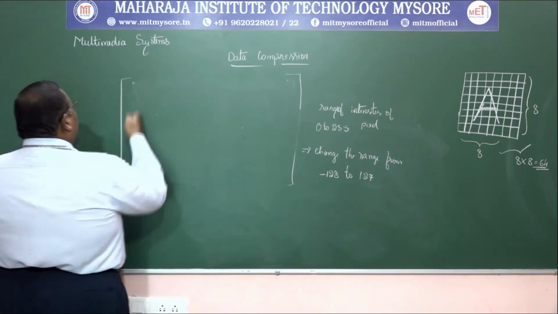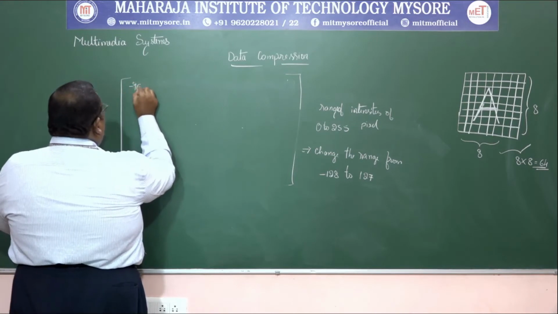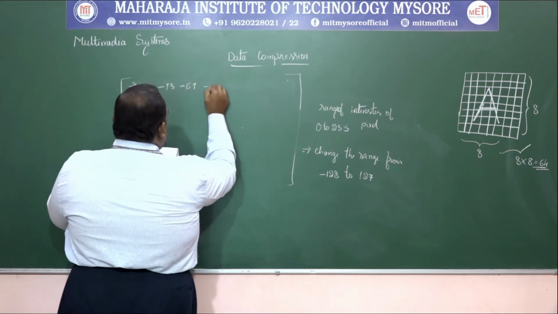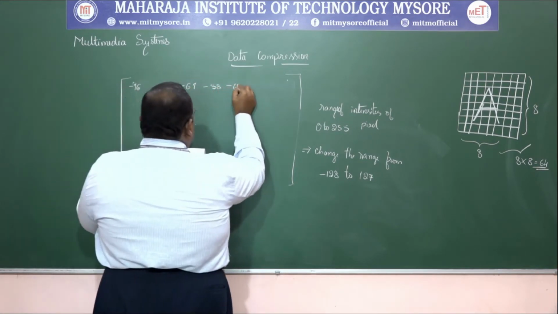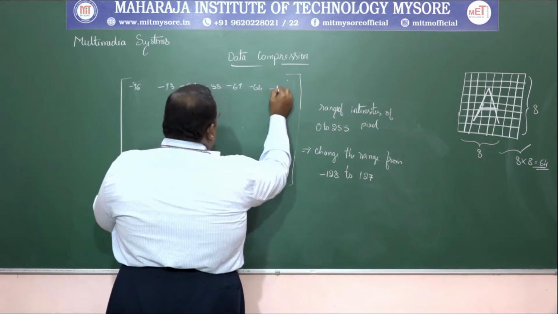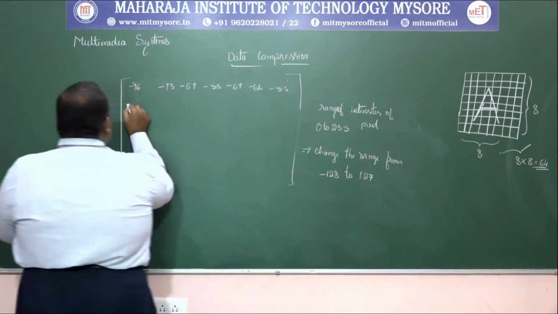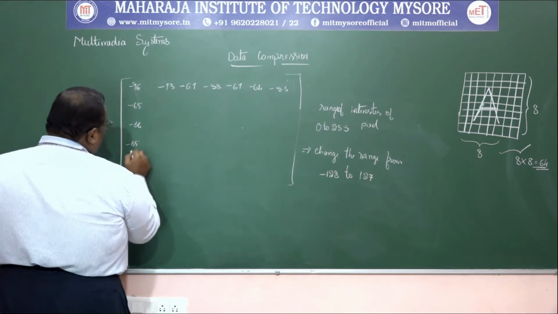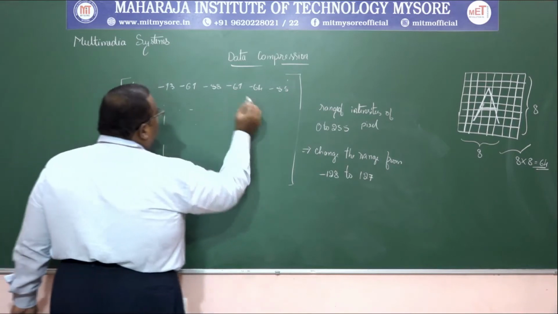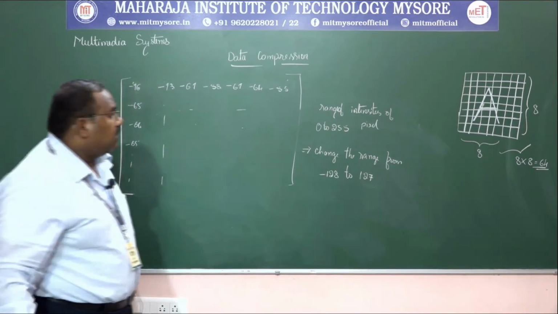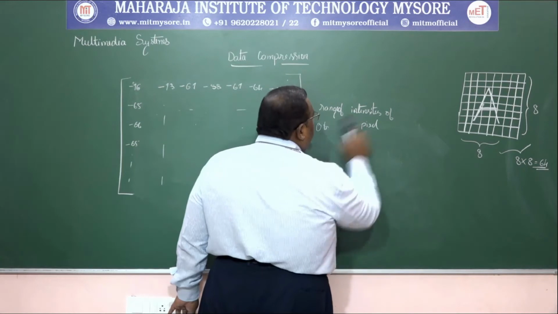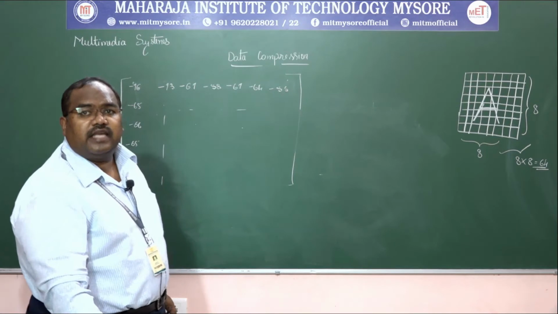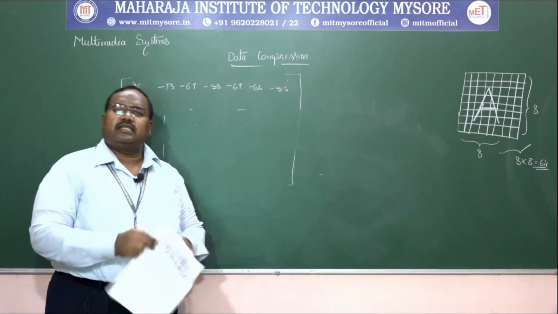When we subtract this, I'll just write one line. We get minus 76, minus 73, minus 67, minus 58, minus 67, minus 64, minus 55, and here it would be minus 65, minus 66, minus 65, and so on. It goes on like this. Now what happened? The total range has changed from 0 to 255 to the range minus 128 to 127.